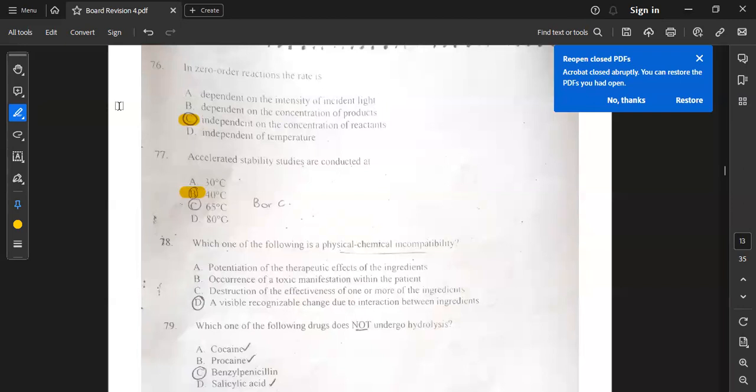Or D, a visible, recognizable change due to interaction between ingredients? Physical, meaning you can see; chemical, meaning there's a reaction; incompatibility, meaning they cannot stay together.